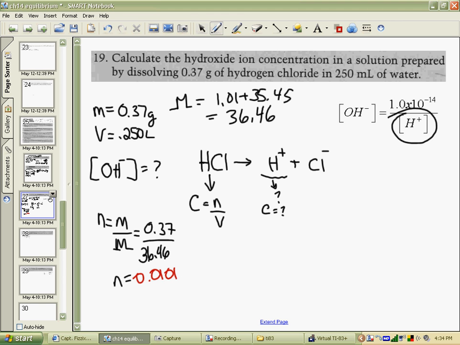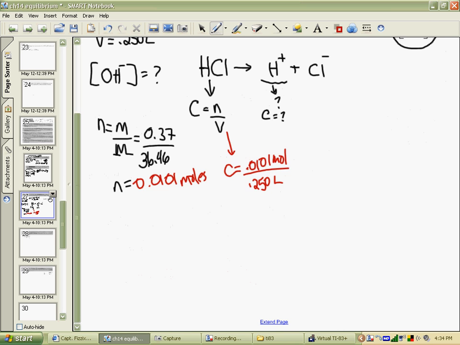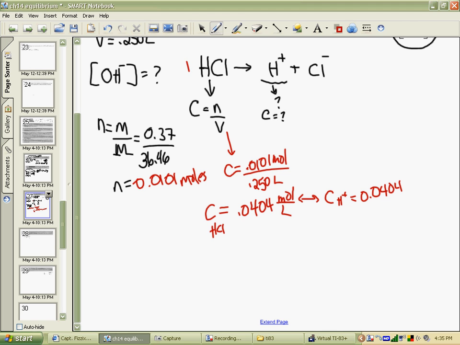So the concentration for HCl is 0.0101 moles divided by 0.250 liters. Of course, you'd multiply that by 4, 0.0404 moles per liter. And if that's the concentration of HCl, well, the concentration of hydrogen ions is also the same because of the 1-to-1 relationship of HCl and hydrogen ions.